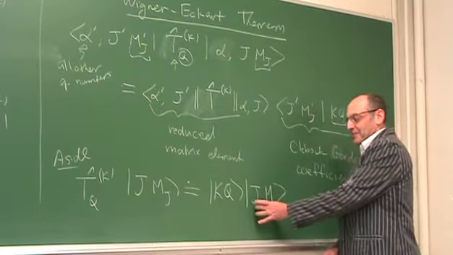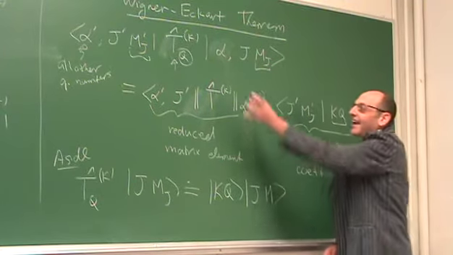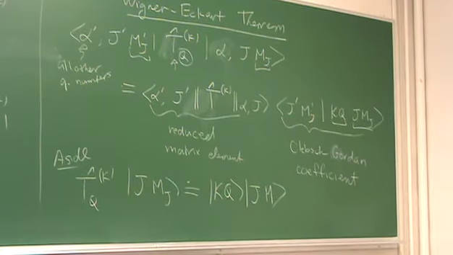One angular momentum associated with the state, and an angular momentum associated with this component of the tensor. We'll talk about in a moment how we actually use this to do calculations.